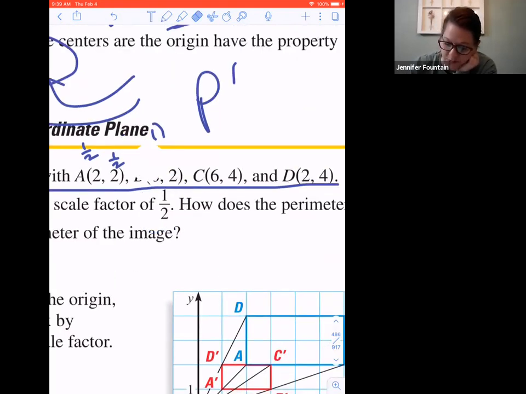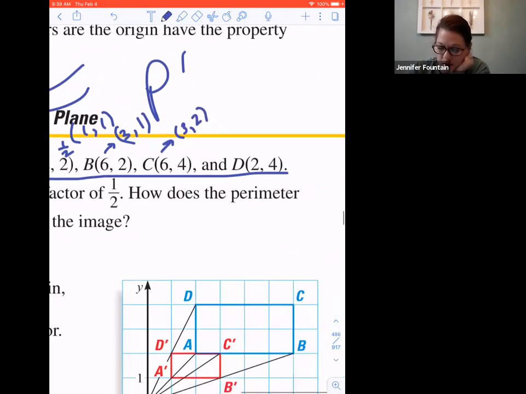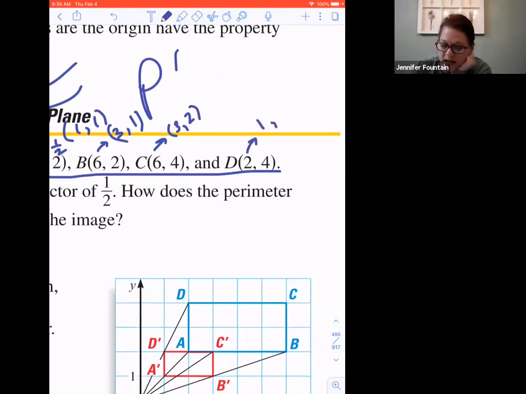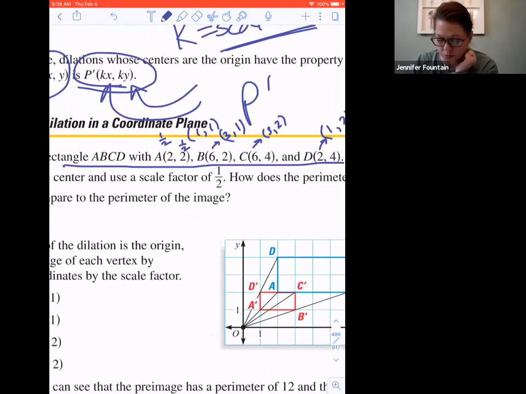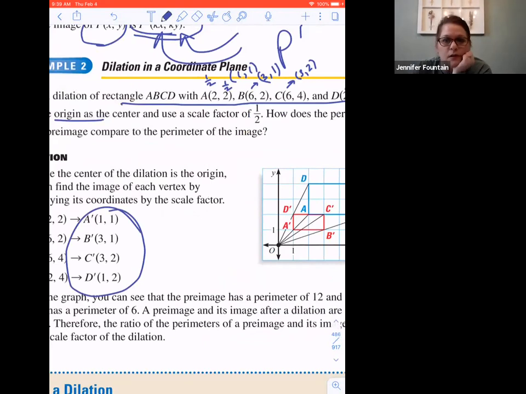On this one, half of 6 is 3, half of 2 is 1. On my next one, half of 6 is 3, half of 4 is 2. On this one, half of 2 is 1, half of 4 is 2. So now I found my new prime points.